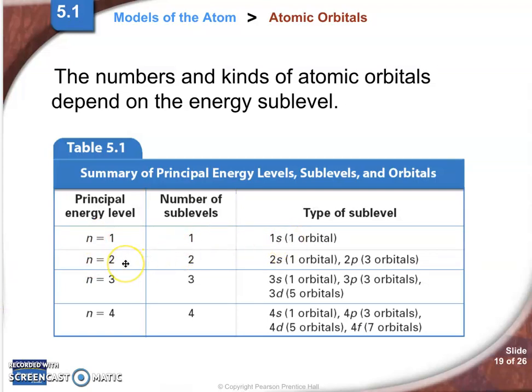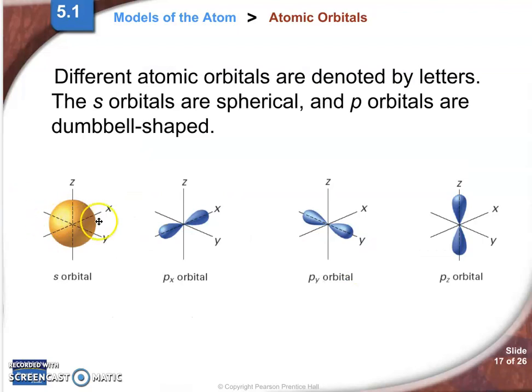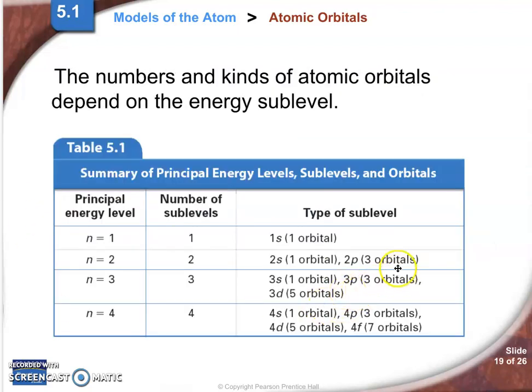In the second energy level, you can put two sublevels, and you can put 4 orbitals: 2s and 2p. And remember, p has 3 different shapes: px, py, and pz. That is why we said there are 4 different orbitals in the second energy level.